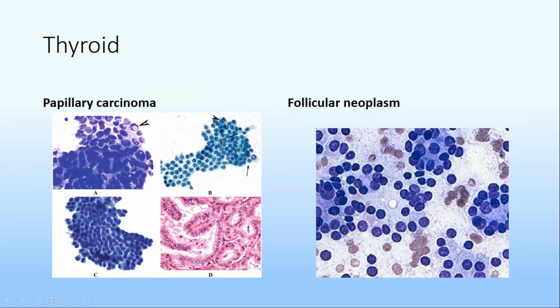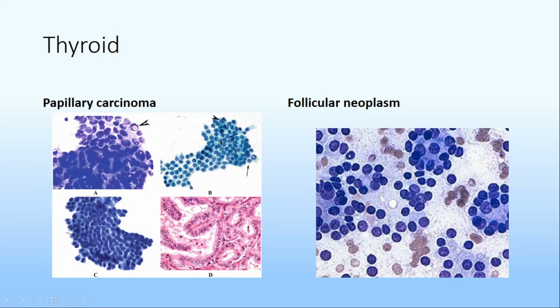It's a bit difficult when it comes to follicular thyroid CA, because follicular thyroid CA by definition is defined by the presence of capsular or vascular invasion, which you cannot see in the aspiration. But we can get some information from the smears.